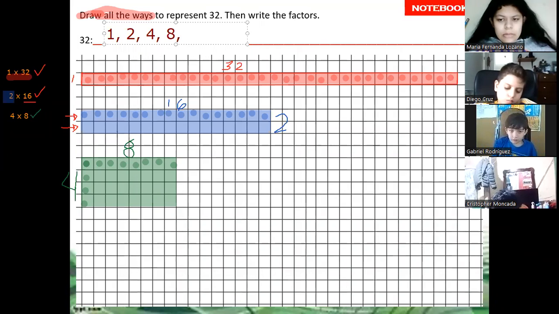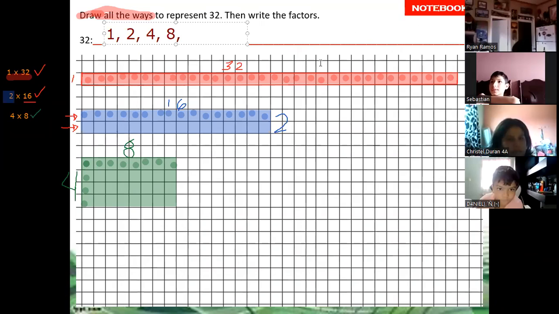Then 16. But we don't have 10 here. We have 1, 32, 16, 2, 4, and 8. Not 10. So that's why I am working very slow, because I need you to understand. From where I get the number? 16, and the last one? 32. Yes.